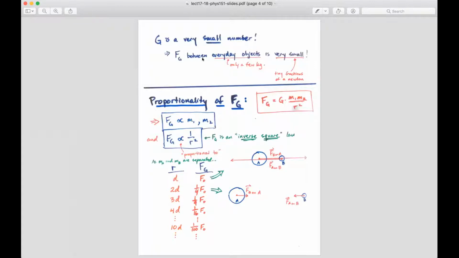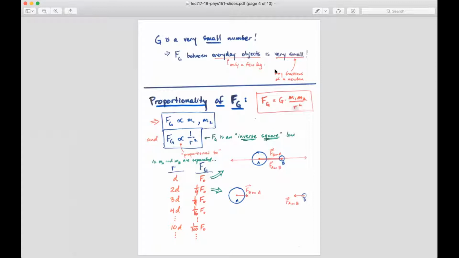This is just what I was saying in the previous slide. Because G is extremely small, the gravitational force between everyday objects that we encounter in daily life, like people, for example, which are maybe 50 to 100 kilograms, if you put two people 1 meter apart, the gravitational force between them is still going to be 10 to the minus 7, 10 to the minus 8 of a Newton.